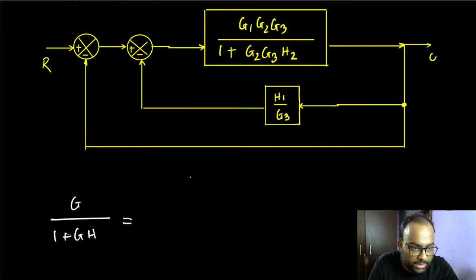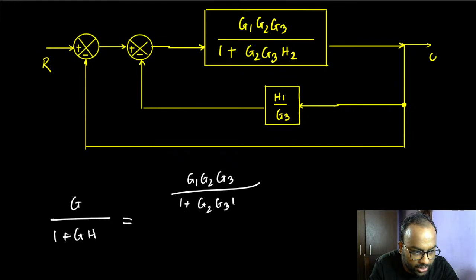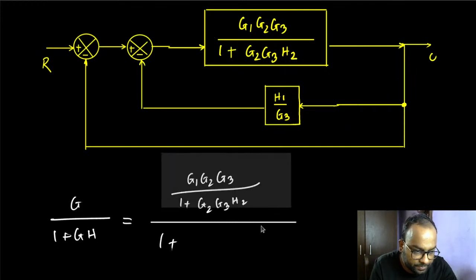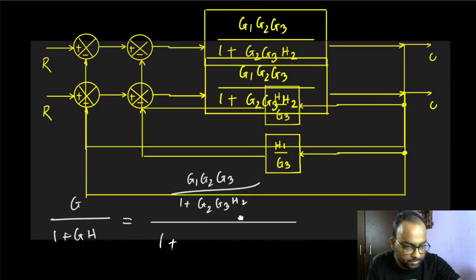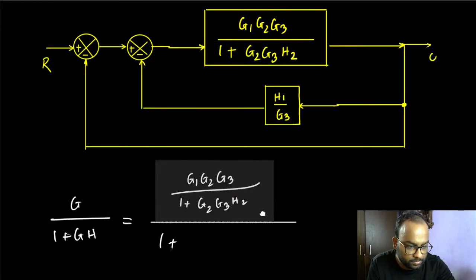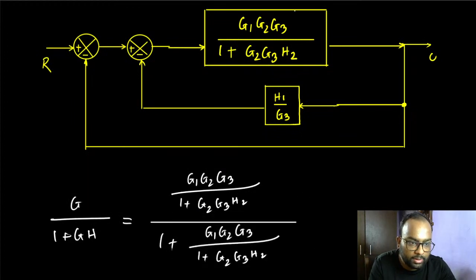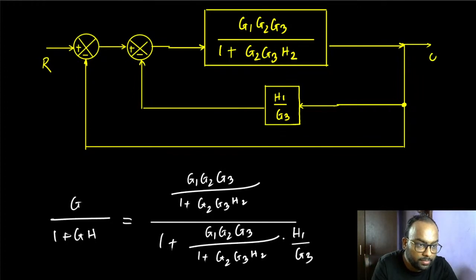Okay, so that's going to be G1, G2, G3 divided by 1 plus G2, G3, H2, divided by 1 plus, again we are considering this to be G. So have that. Times H, and H is H1 by G3.